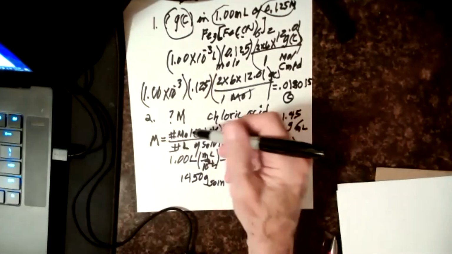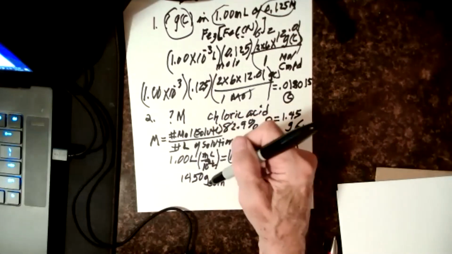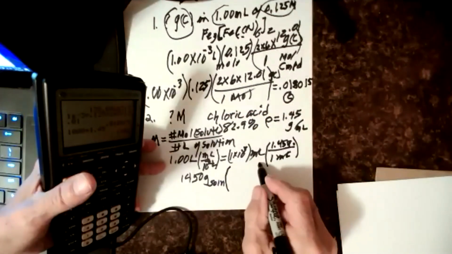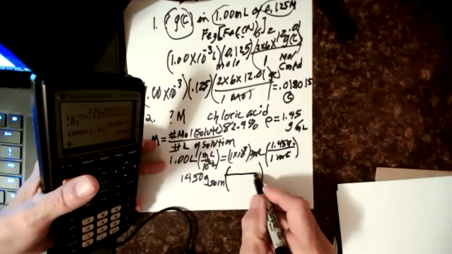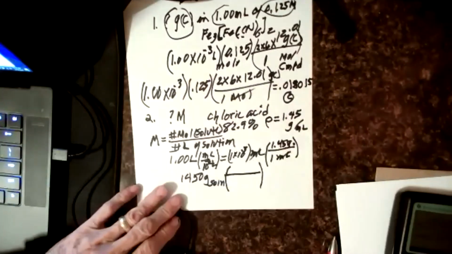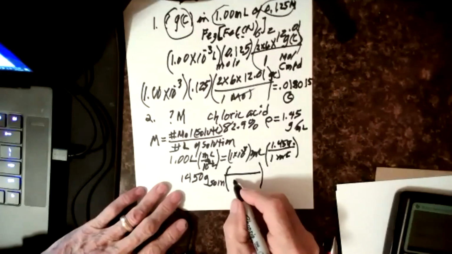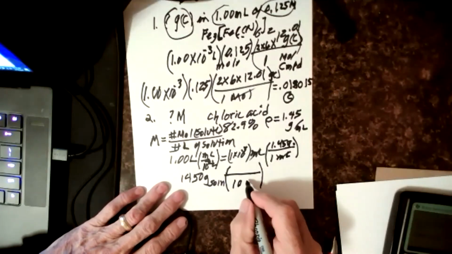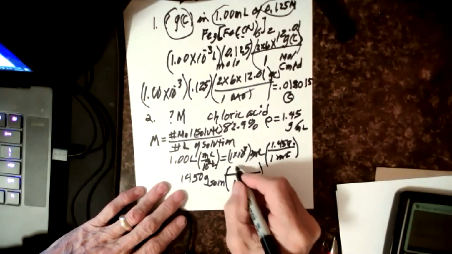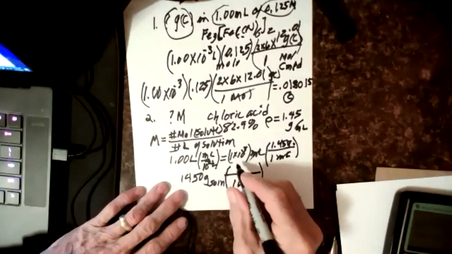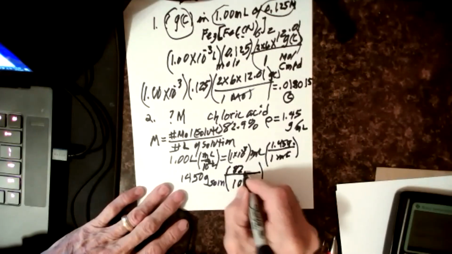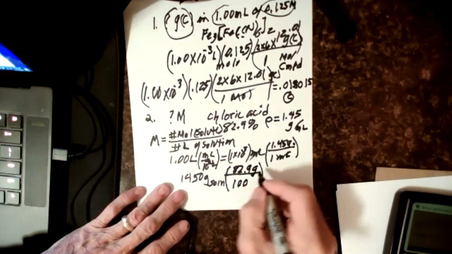Well, I want moles of solute. So I've got to get from solution to solute. I can do that with a percentage. Because if I had 100 grams of that solution, it would have 82.9 grams of solute.